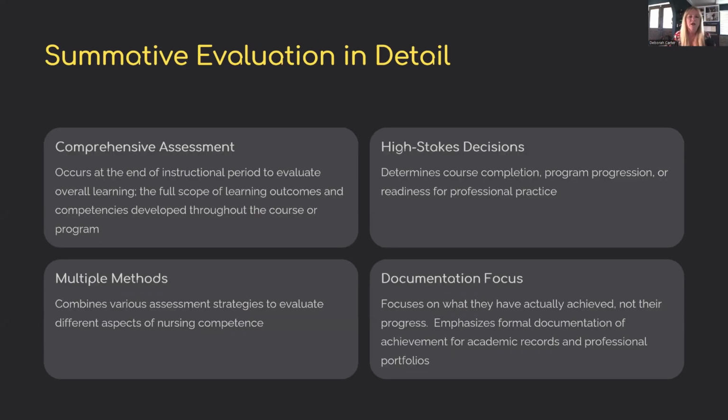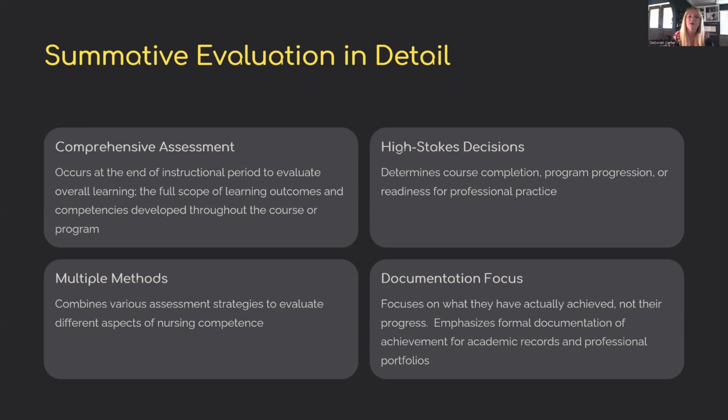Whereas summative is at the end of instruction to determine what they have learned in the classroom or the lab or clinical practice. Unlike formative evaluation, it focuses on judging the achievement rather than the progress. That's the main difference.